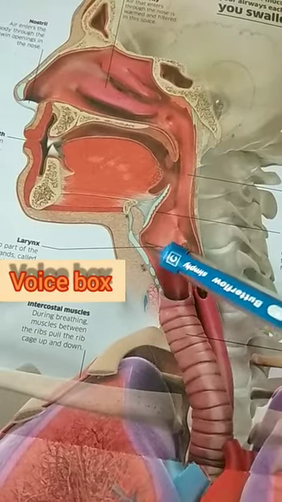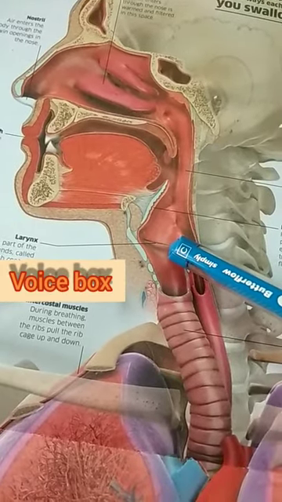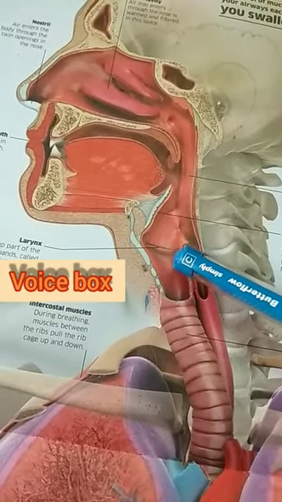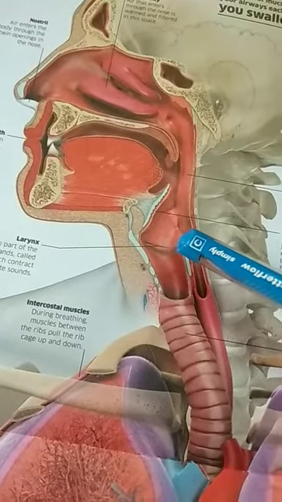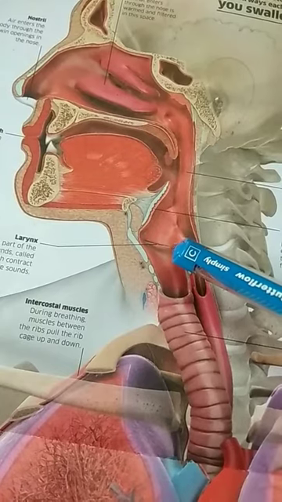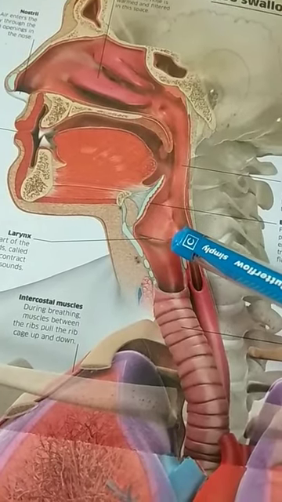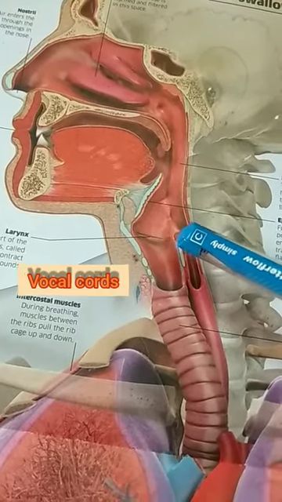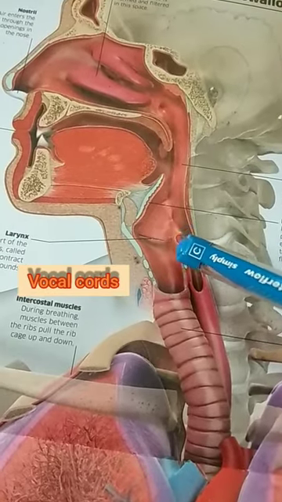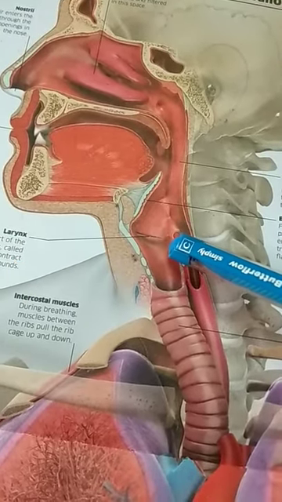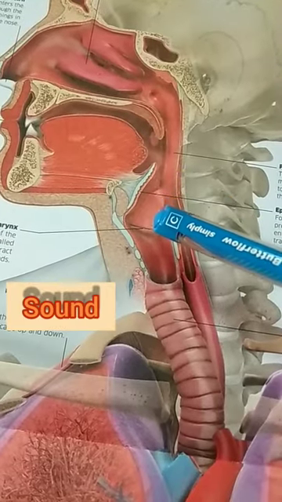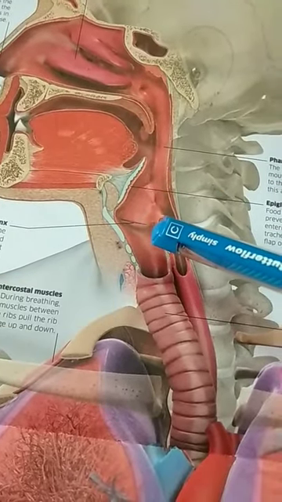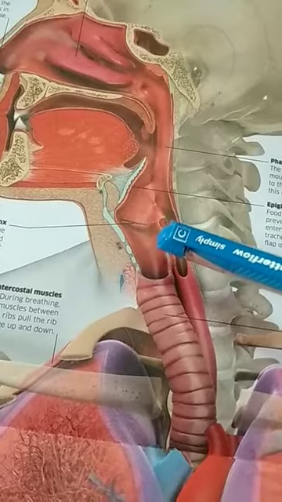The larynx is also known as your voice box, because as the air enters this voice box, it has bands called the vocal cords. These vocal cords present in the larynx contract and relax, and they help to create the sound made by the person.